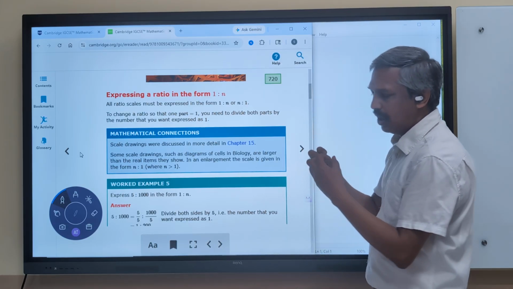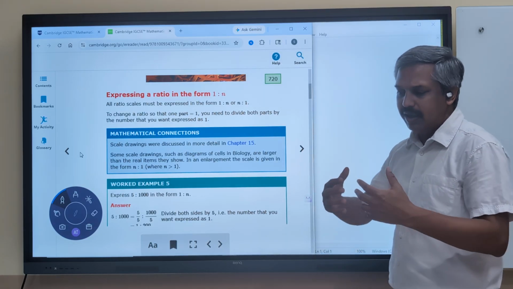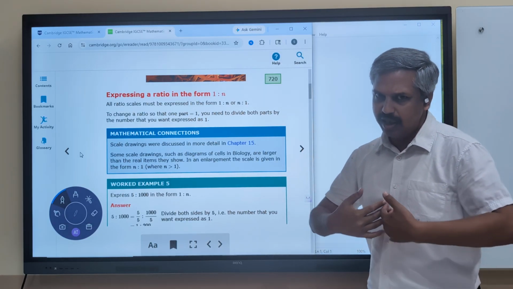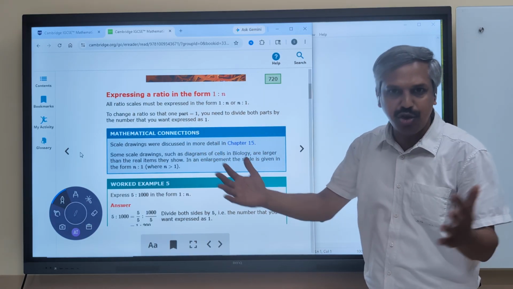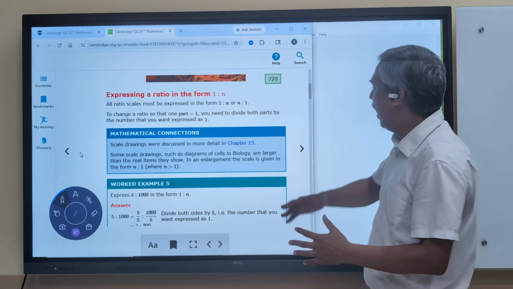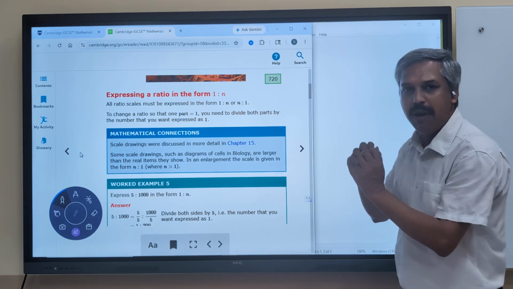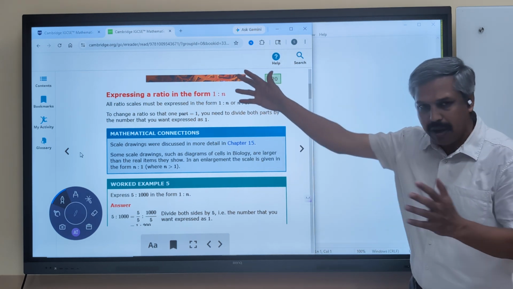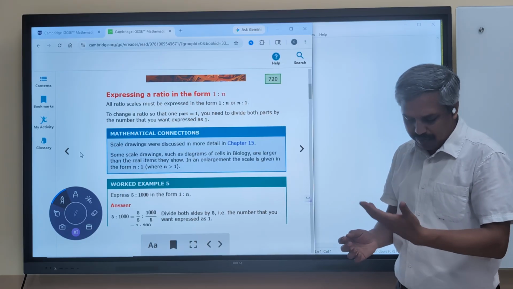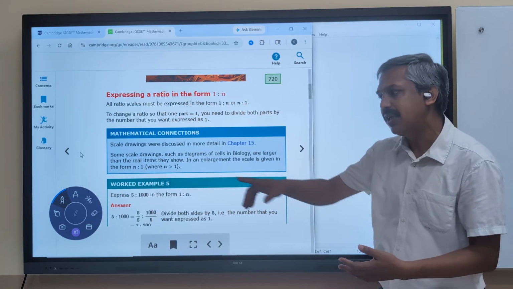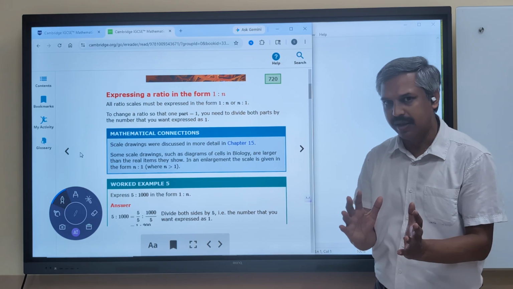If you are talking about a geographical area which is very large and we are representing it by shortening its distances, like the world map, or the map of a city, or even the map of a school or a residential colony, then we are drawing it on a piece of paper or seeing it on a computer screen.